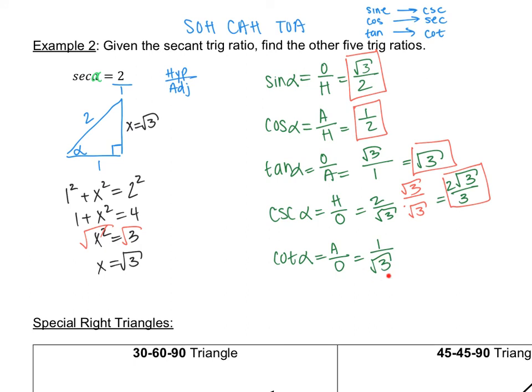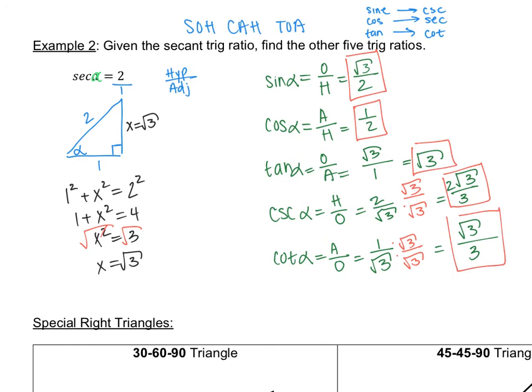Again, I can't have a square root in the denominator, so I'm going to multiply the square root of 3 to top and bottom. If I multiply straight across, that's a square root of 3 on top. If I multiply a square root of 3 with a square root of 3, I get a positive 3. And this here is my final answer.